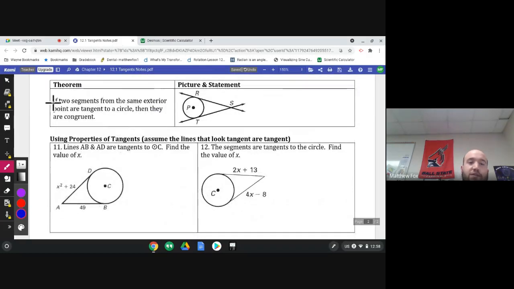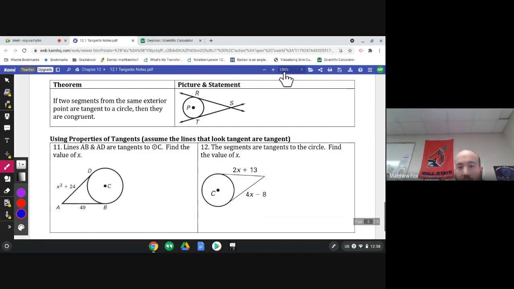One more thing. It says, if two segments from the same exterior point are tangent to a circle, then they are congruent. So exterior point means a point on the outside. And you see how like RS and TS, they both go through S. So from T to S and R to S would be equal.